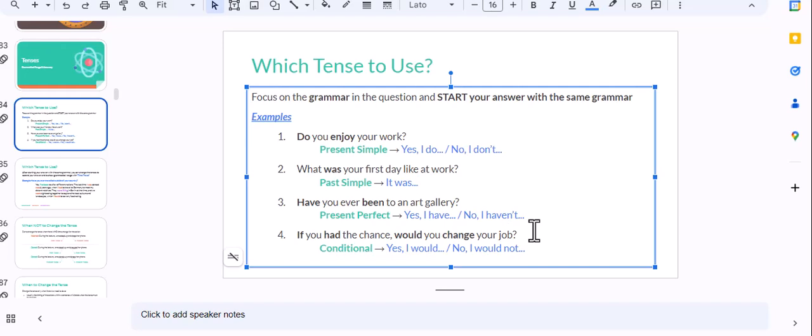So this is the if conditional, and of course we're going to use the same tense in our answer: yes I would or no I wouldn't, and continue your answer as you like. This technique I just taught you is an easy way to start off your answers. If someone asks you and you are confused and you don't know which tense to use, this is an easy way.